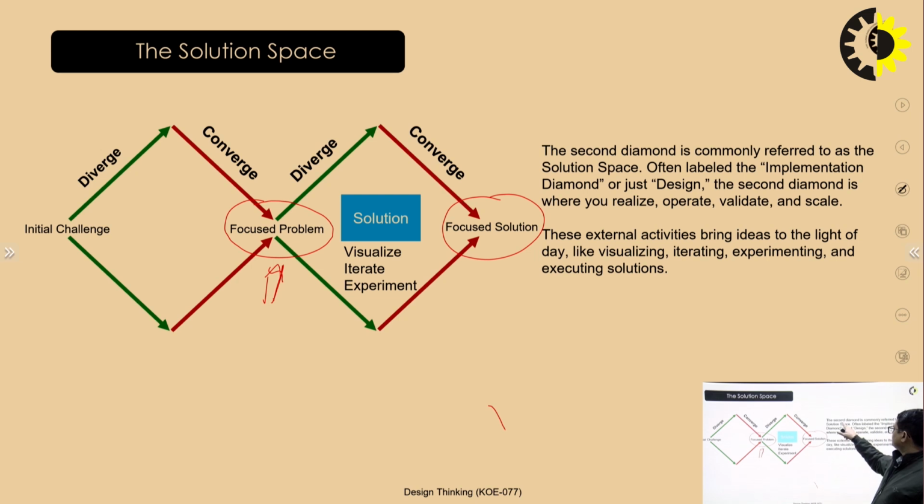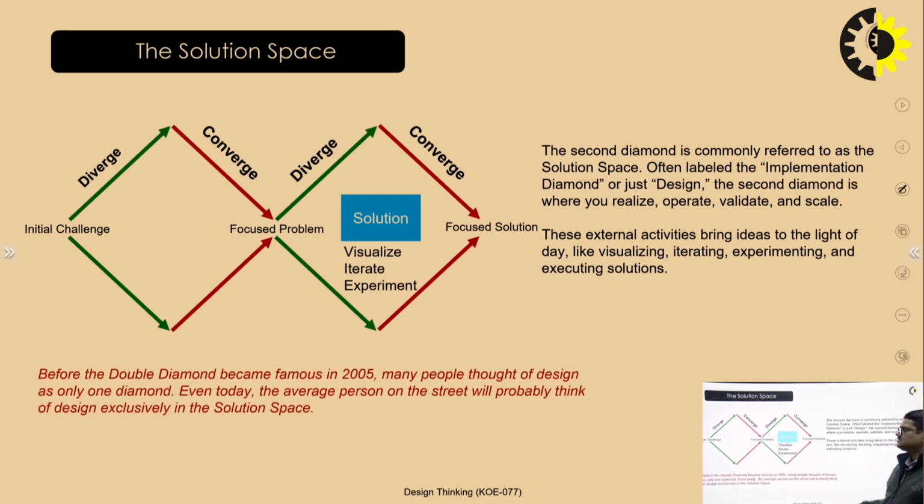So, this is all about the second diamond, and it is also commonly referred to as the solution space. I have already mentioned that it is also called the implementation part of the double diamond theory. The first one was the research part, and the second one, the solution space, is the implementation part. So, let us see quickly why this solution space is important.